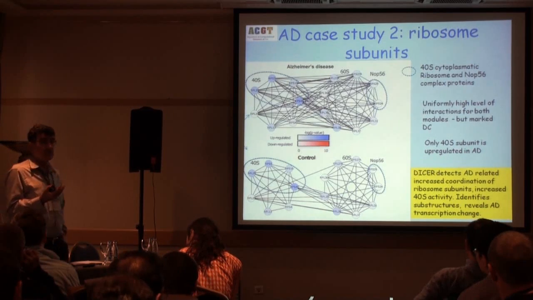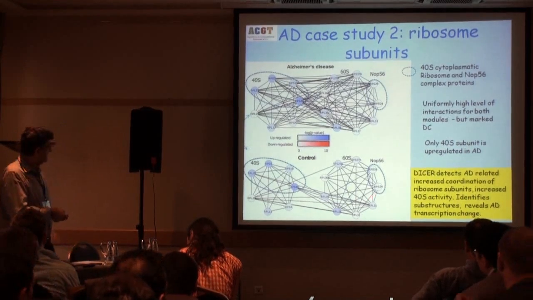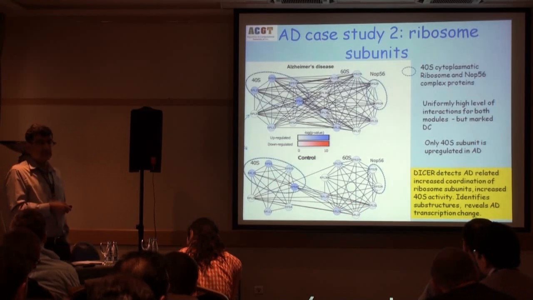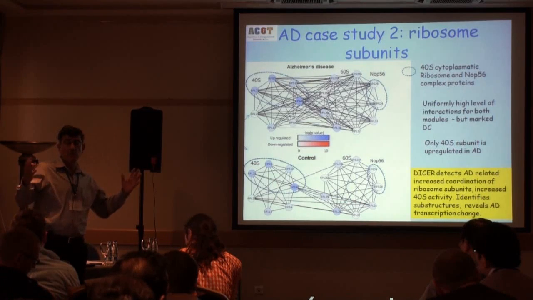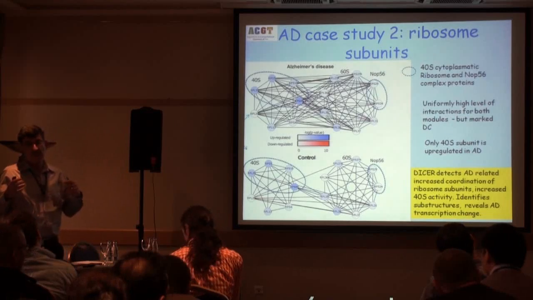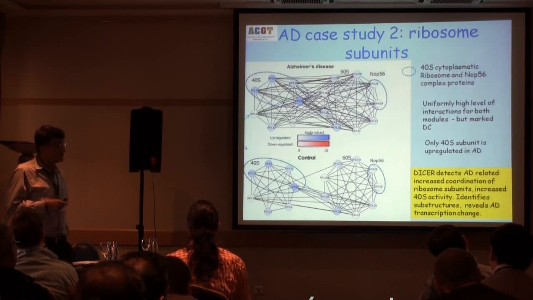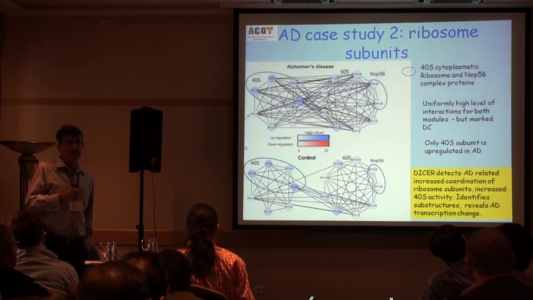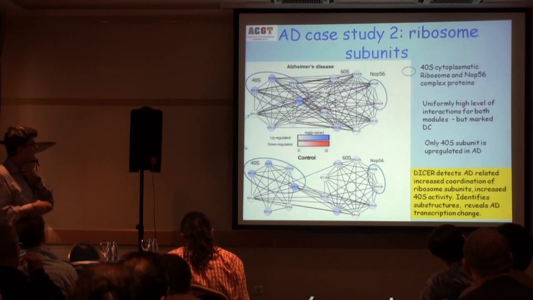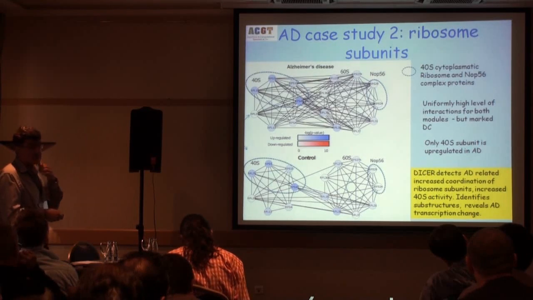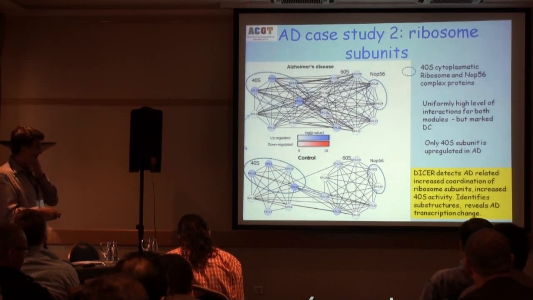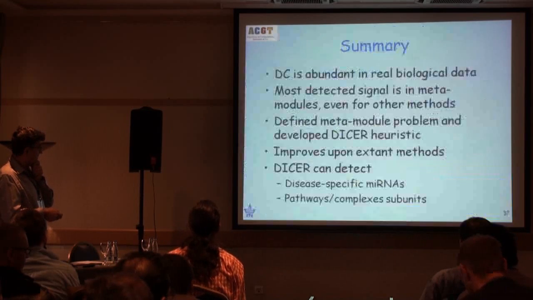So it does allow us to find substructures, and with a relatively modest size. We don't need to go to gene sets of 50 or 100 genes in order to get a signal. We get the signal even though the modules are relatively modest, and therefore much more amenable to biological interpretation.